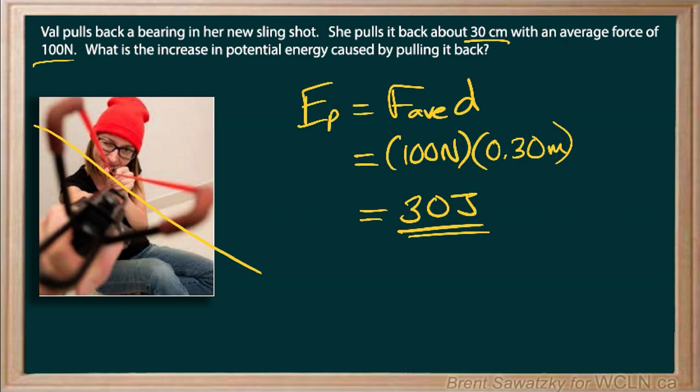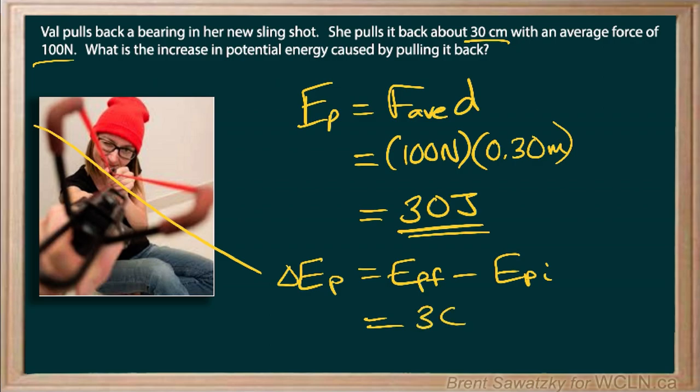And so if we were to say the change in potential energy, it's the potential energy final in that position where she has it all the way pulled back, minus its potential energy initial from where it was loose, where the elastics were loose, to where she pulled it back. And so that change in potential energy by pulling it back was our 30 joules.